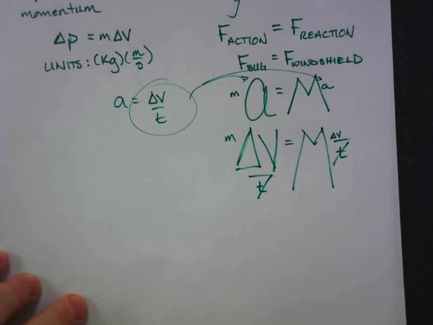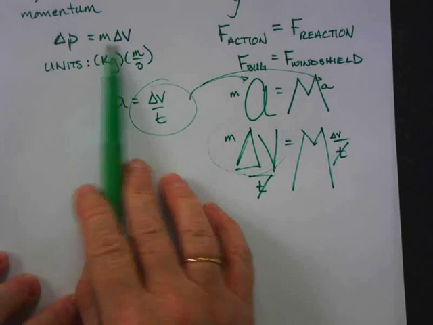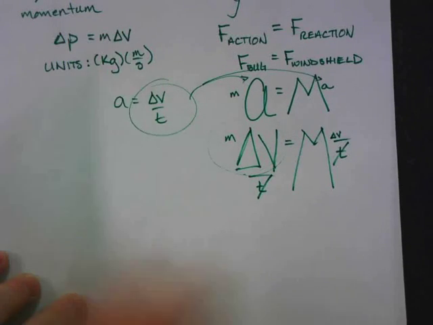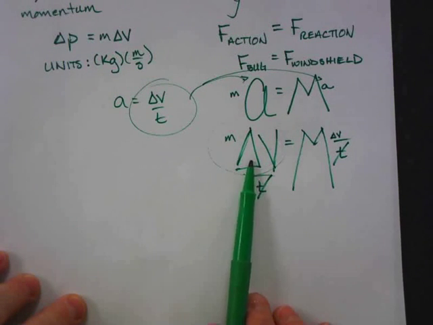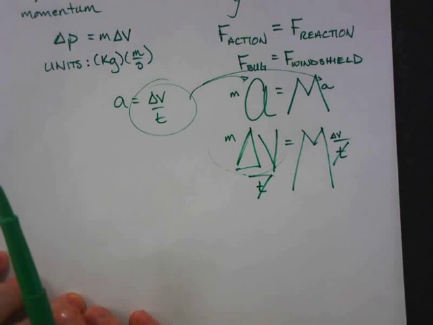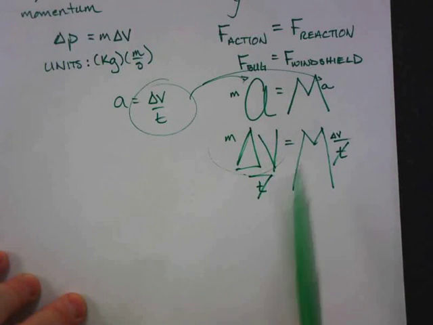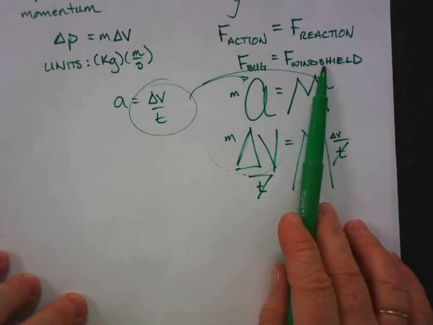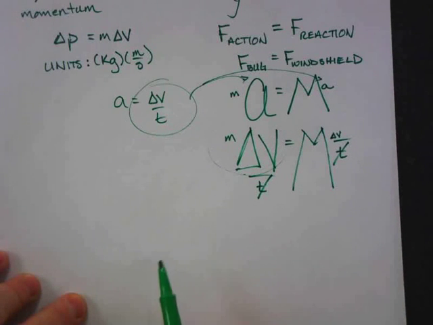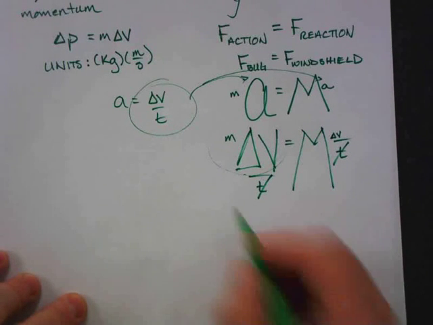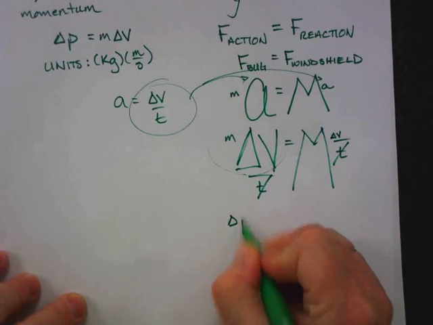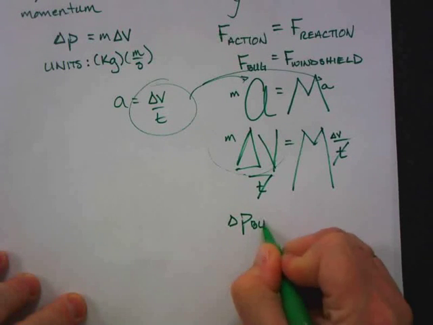If you divide both sides by the time, oh wait a minute, I'm seeing some stuff that we just talked about. M delta V is momentum. So not only are forces conserved, so the bug and the windshield experience the same force, but they also experience the same change in momentum.